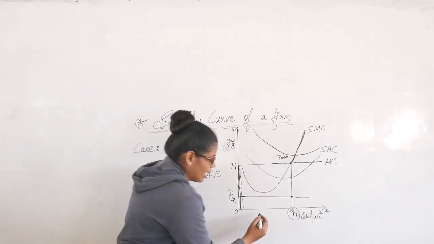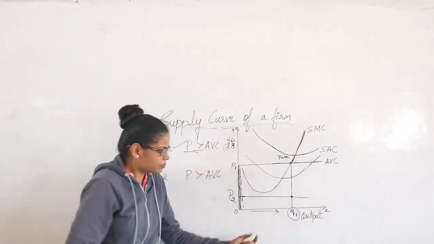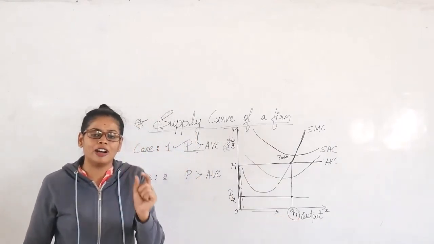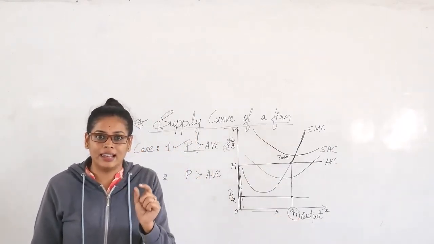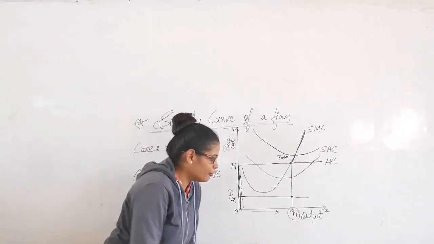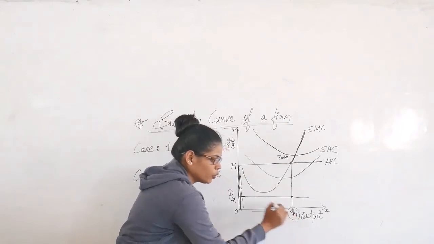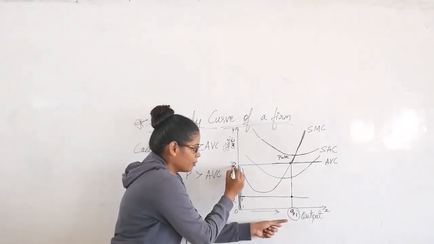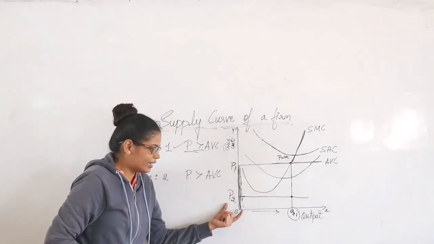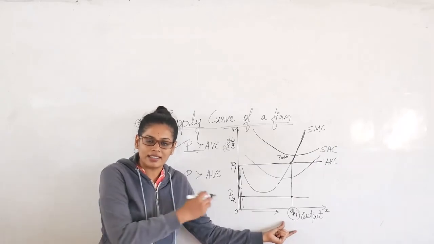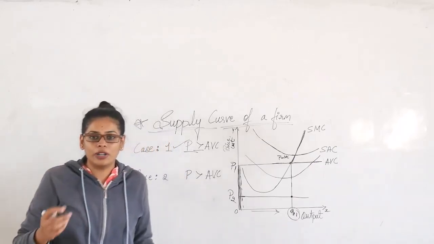Q1 is the output level. In case 1, the firm decides to produce the output level equal to Q1. If it is case 2, then the firm is not going to make any output. That's the reason it is a zero output level.